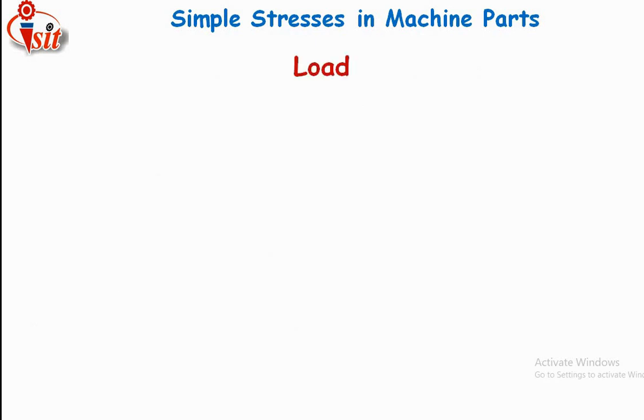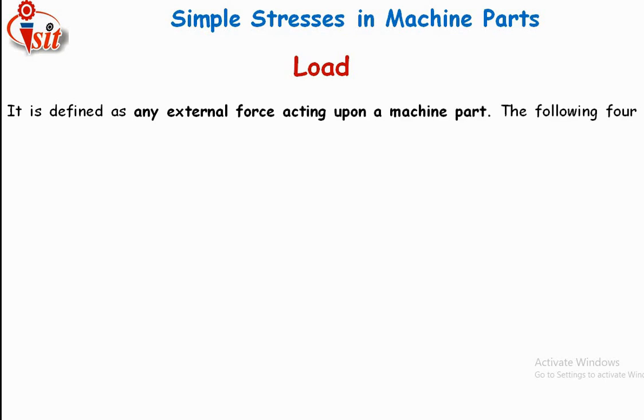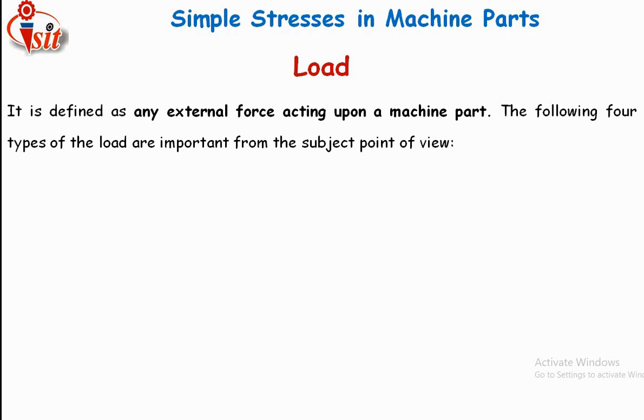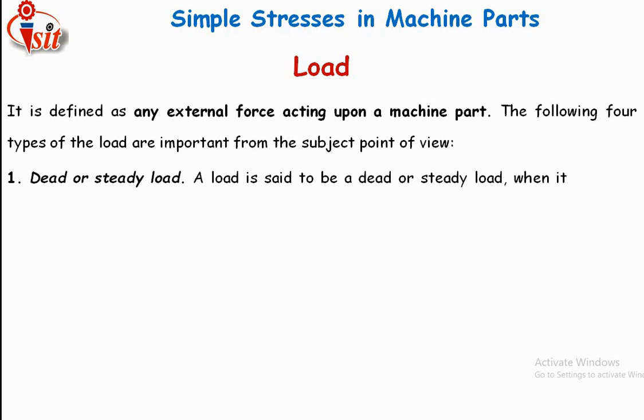Before going into the actual types of stresses, let's see what is meant by load. In the previous slide we have seen the different parameters which cause the load on a machine part. In this slide we will see the different types of loads that act on the machine element during the working of that machine.